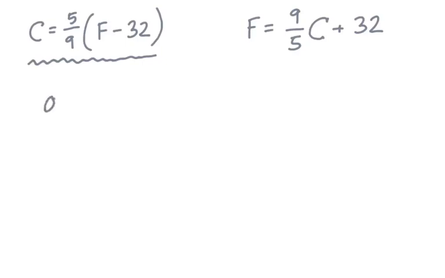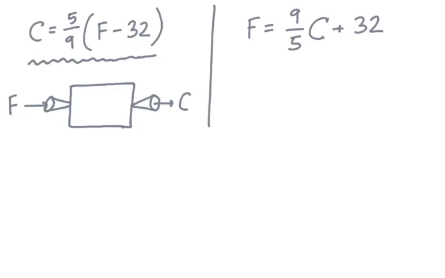So from the standpoint of our function machine, this first example inputs the temperature in Fahrenheit and outputs temperature in degrees Celsius. And then the second formula on the right, now we're inputting Celsius and we're outputting Fahrenheit. Would you agree that both formulas have their time and place to be useful? We do need both.